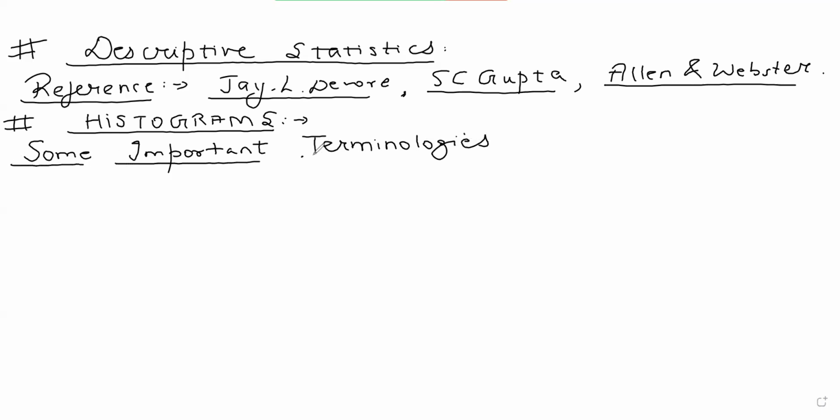Okay, so the first terminology is: what is meant by a discrete variable?